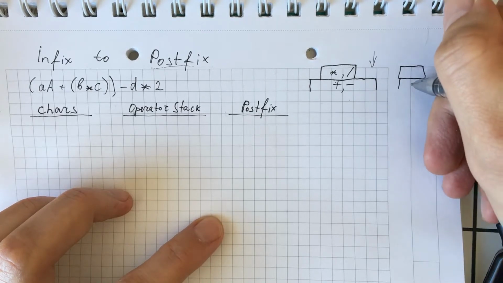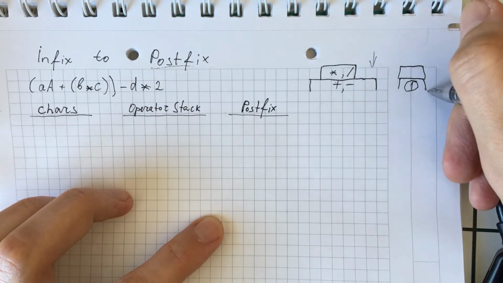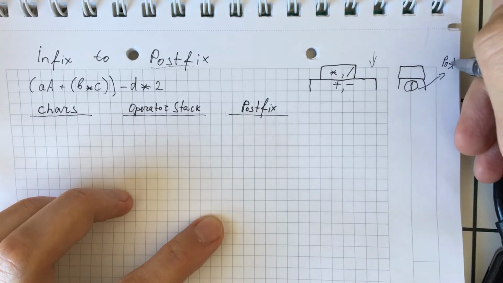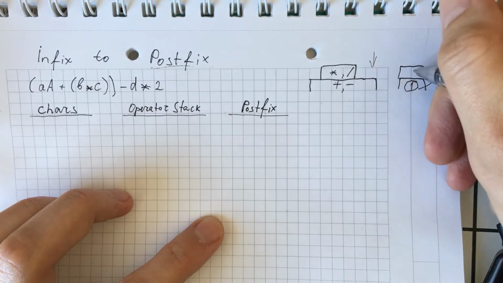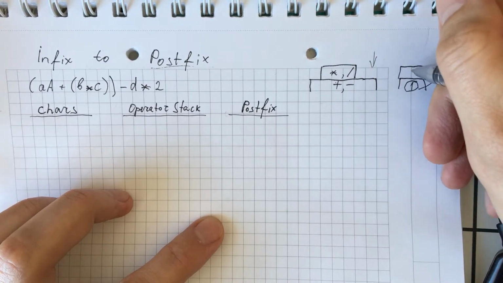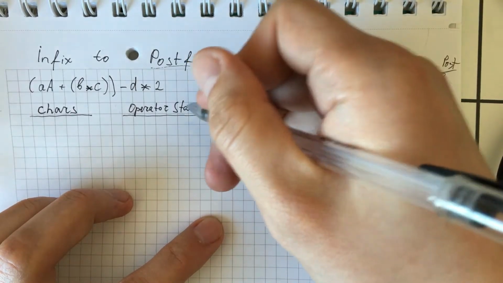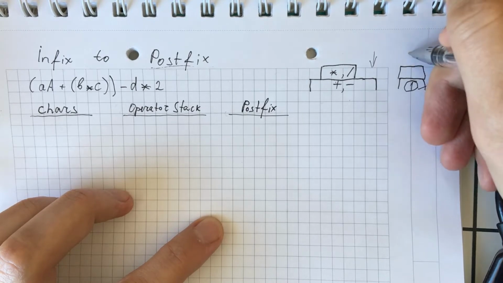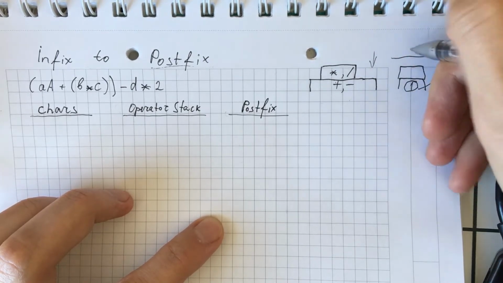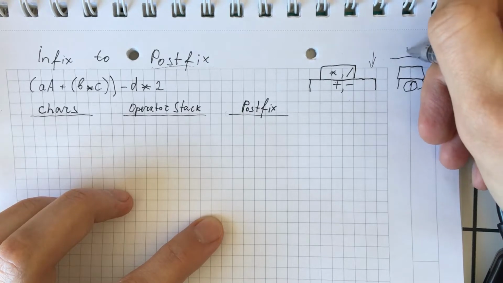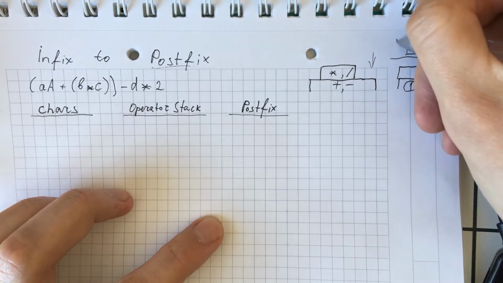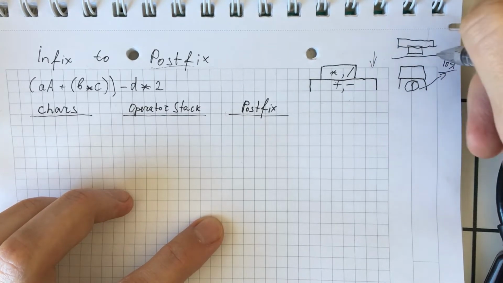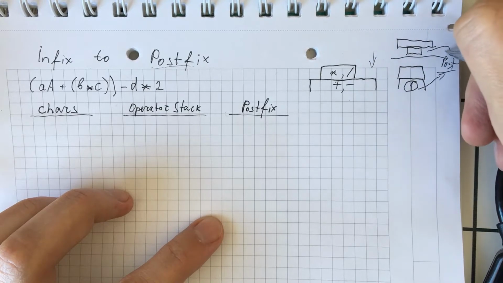If this happens, then whatever is here goes into postfix, and this becomes the last item remaining in the operator stack. And if something like this happens, I'm going to do it ugly here, then this also goes to postfix.